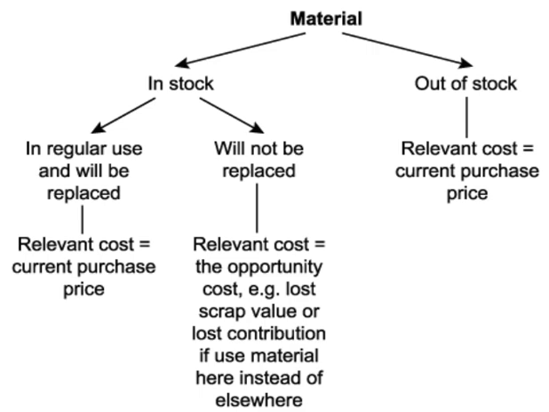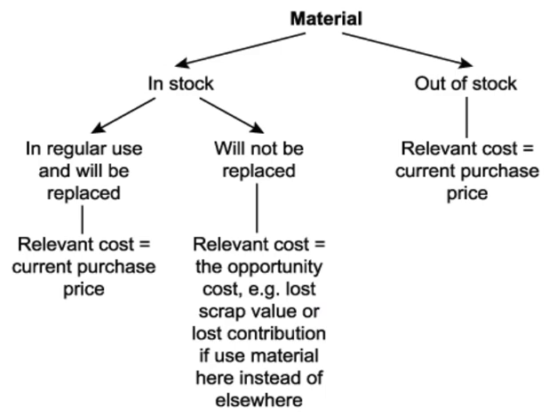So if they have a scrap value and we can also use them somewhere else where they will earn a contribution, then we have to find out which one is higher. Is the scrap value higher or the benefit from alternative use is higher? The higher of the two is what we take as our opportunity cost, and that will be the relevant cost for these materials that are in stock and will not be replaced.